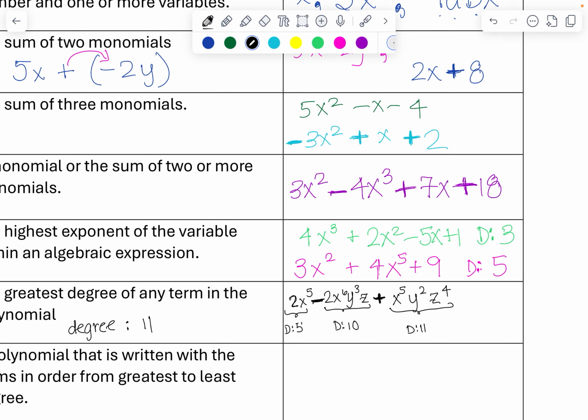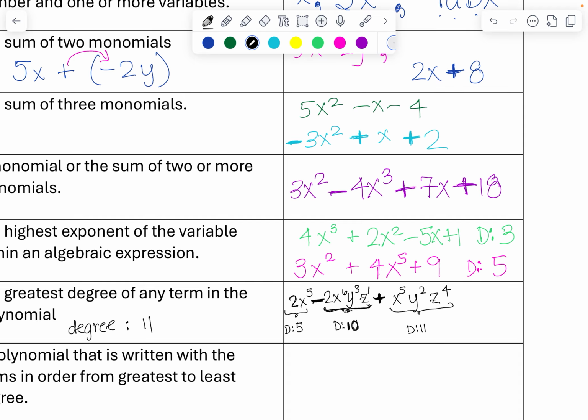Now, how did I come up with these numbers? Well, folks, if you look at the exponents of each term. Here we have x to the 5th power. There's no other variable. In my second term, I have x to the 6th, y to the 3rd, z to the 1st. If I add up those exponents, I get the power of 10.